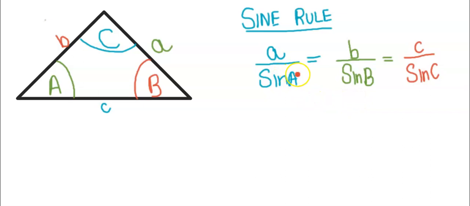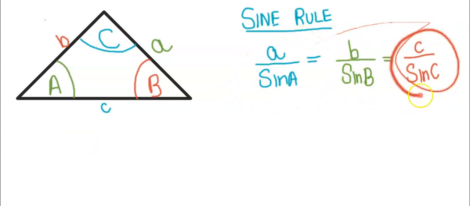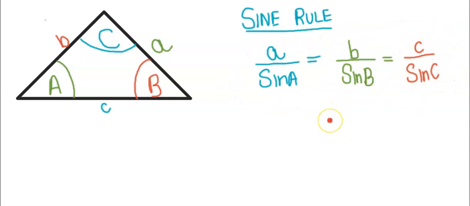Now we can use only this part of the equation, or this part of the equation, or we can use that and that part of the equation, depending on what is given. Out of 4 things, 1, 2, 3, 4, at least 3 things will be given to you, and you can find that one.